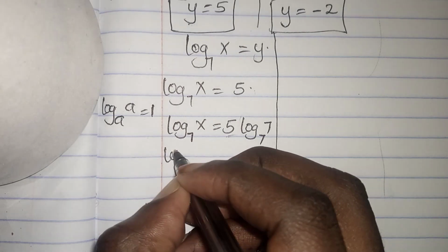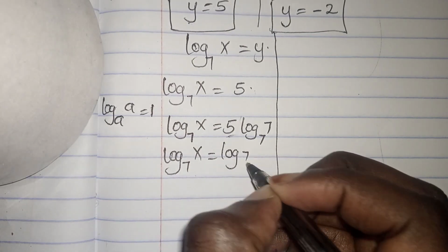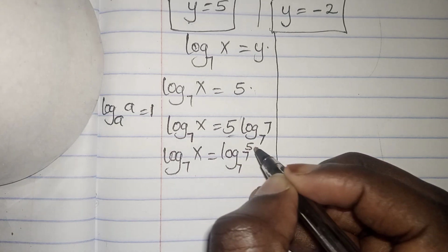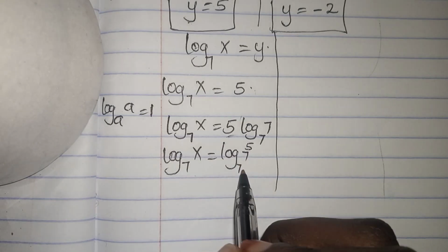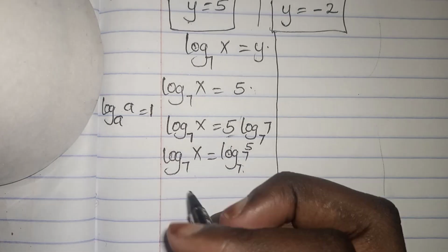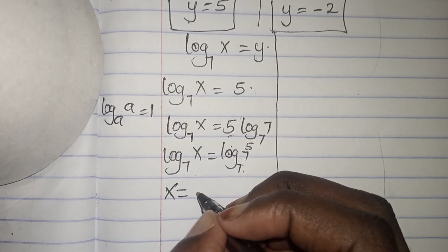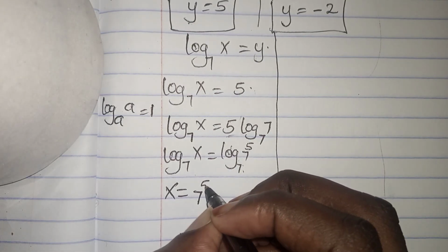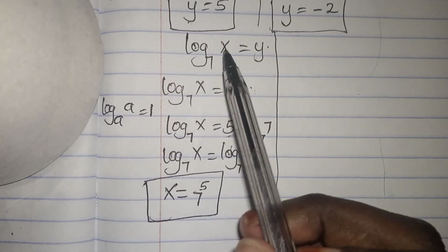So this will be log x base 7 equals log 7 to the power of 5, base 7, right? So we've taken this 5 as our power. Our bases are the same, our logs are the same, so we can drop them. x equals 7 to the power of 5. So this is our first value of x when y is 5.